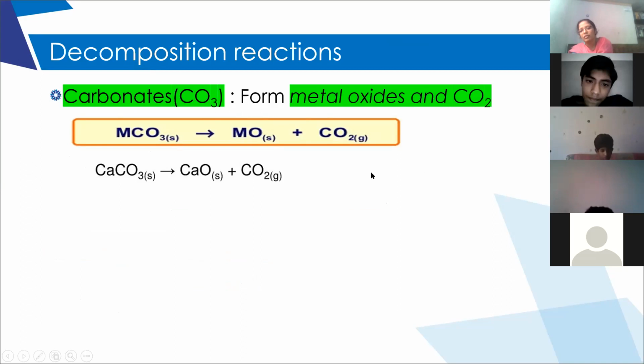If you ask about non-metallic carbonates, they also form non-metallic oxides and carbon dioxide. But in general, metallic carbonates are stable compounds as solids. Did you understand? Metallic carbonates form metal oxides plus carbon dioxide.